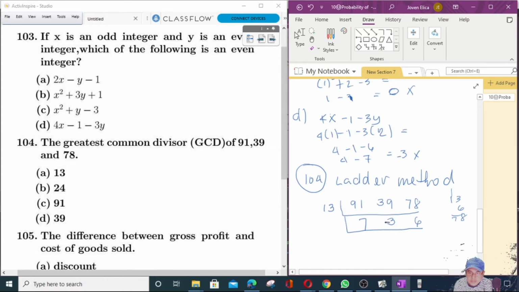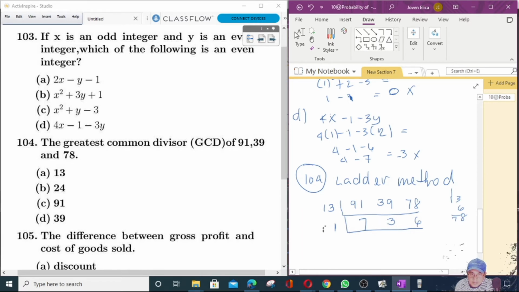So after that, I think there will be no common factors or common divisors among the three given numbers, 7, 3, and 6. So we'll stop from here. 7 divided by 1 is 7. 3 divided by 1 is 3. 6 divided by 1 is 6.